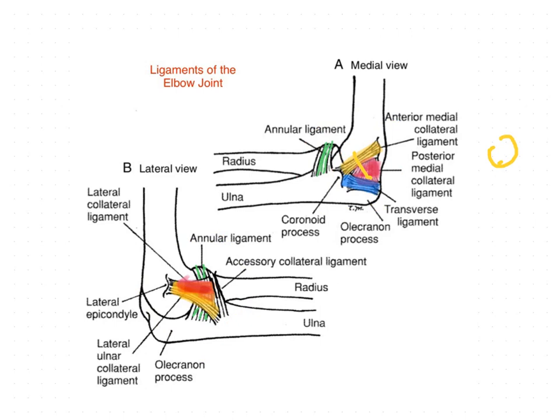Normally the articulating surfaces of any diarthrodial joint will have an articular cartilage, isn't it? So that articular cartilage on the medial aspect is also attached with some of the fibers of the medial collateral ligament. So those are the attachments of the medial collateral ligament on the proximal part.